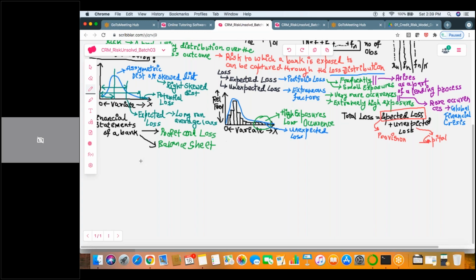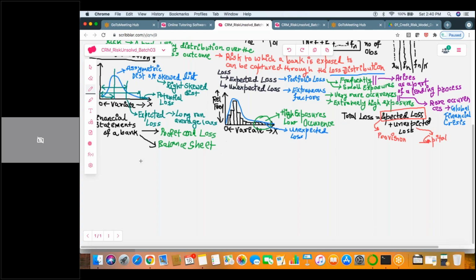Now, in order to address how exactly this provision and this capital are interrelated with each other, we have the profit and loss.